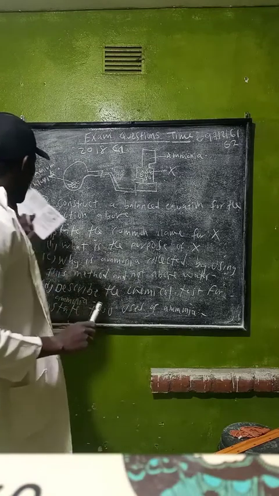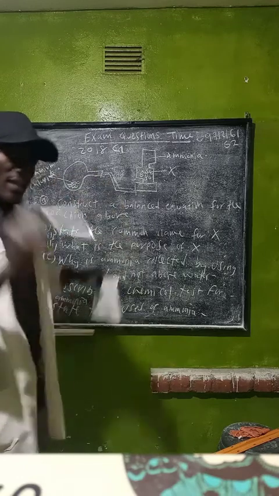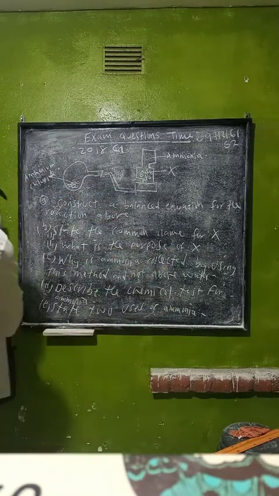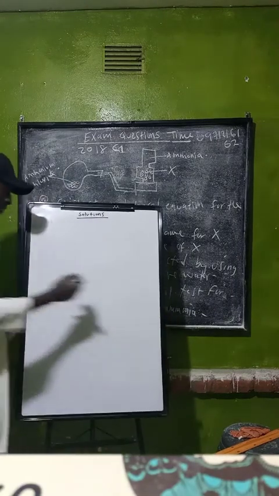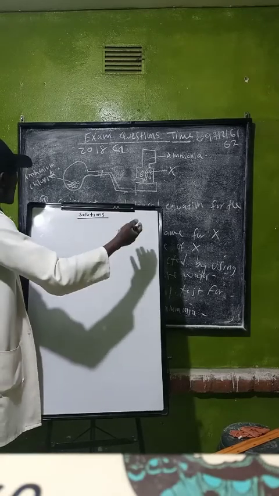So question A is saying construct a balanced equation for the reaction above, the reaction between ammonium chloride and calcium hydroxide. So here we have ammonium chloride. You need to master the formula for ammonium chloride.